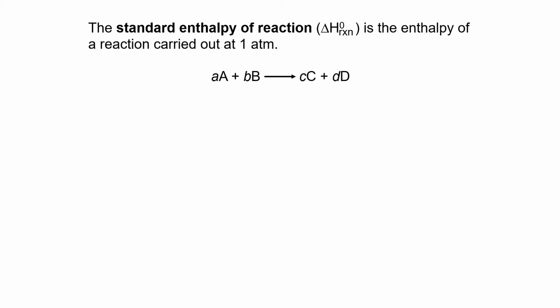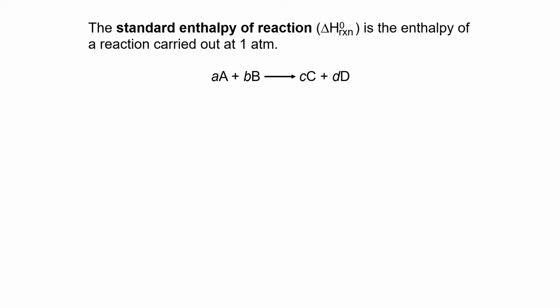So this is a direct approach to calculating the delta H of a reaction, in this case the standard enthalpy of a reaction, from the heats of formation of the reactants and the products.